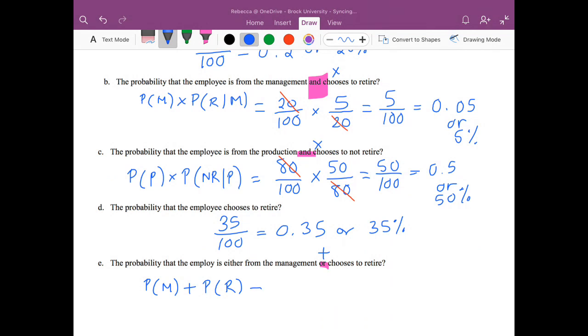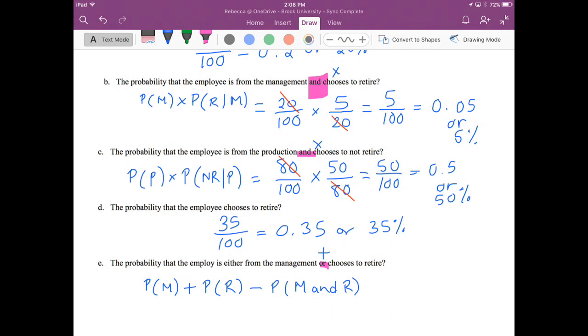And don't forget, we then have to subtract the probability that they're from management and they're going to choose to retire. Okay, so we need to do the probability of both. We have to subtract that out because we've counted those people twice. We've counted them as a person from management and we've counted them as a person that's choosing to retire. So we have to subtract it out once so that those people have only been counted once, not twice.